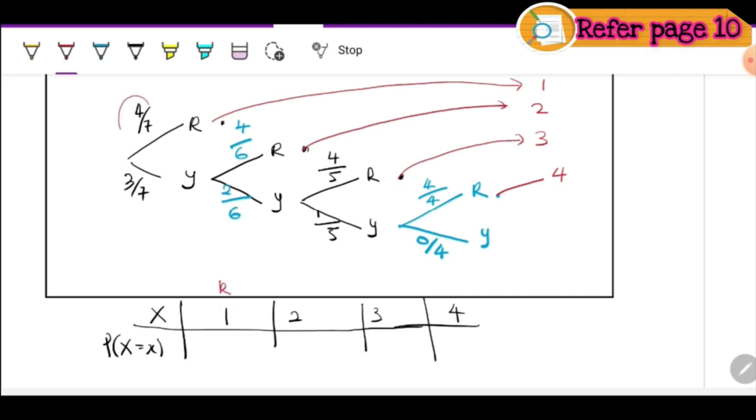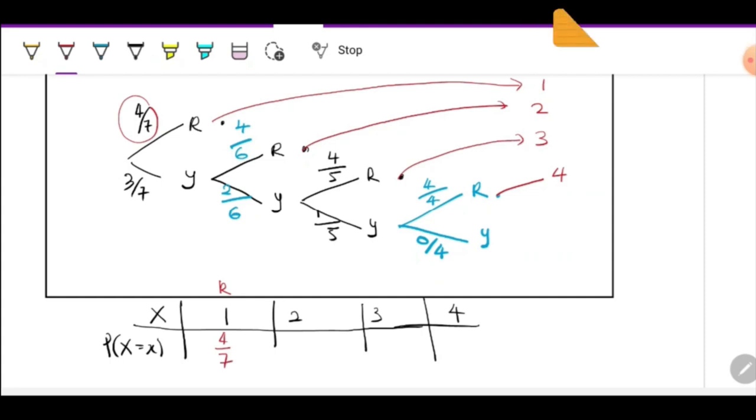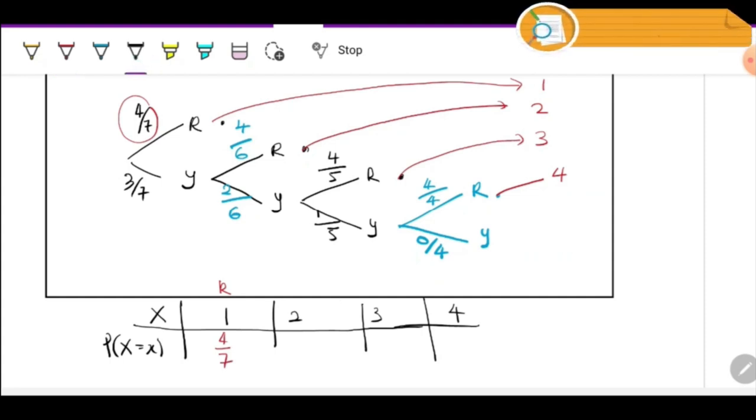So the probability is 4 out of 7. 2 means the number of towels is 2, which is yellow and red. So to get the probability, just multiply along the branch. 3 over 7 times 4 over 6, then we get 2 over 7.